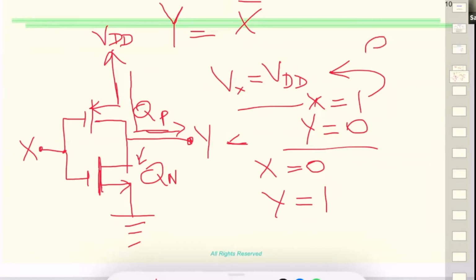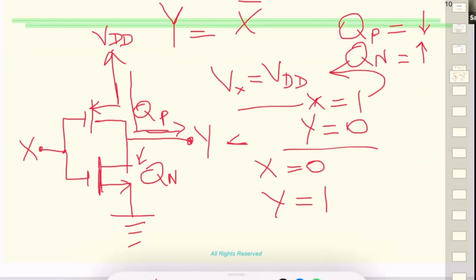So if you were to make notes or show your work when you are given something like this, you have to identify either way: you can say QP is not conducting and QN is conducting. You write it down, or you show somehow your understanding of what's going on there.